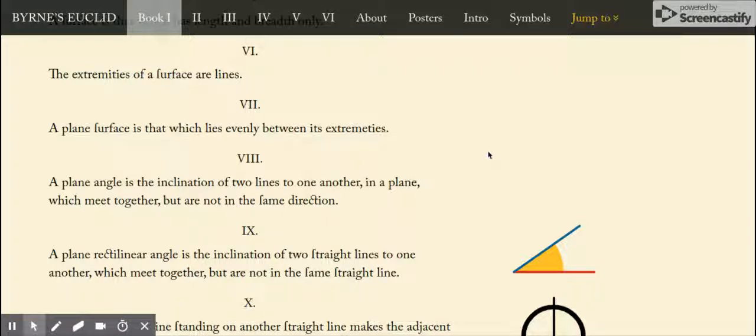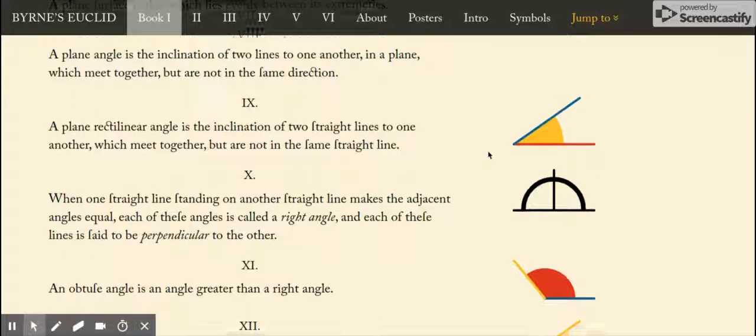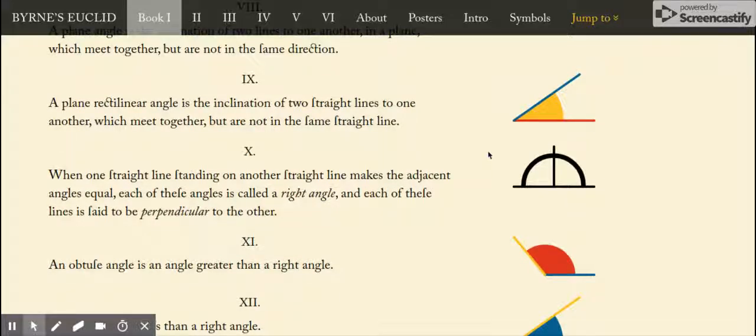A plane angle is the inclination of two lines to one another in a plane which meet together, but are not in the same direction. A plane rectilinear angle is the inclination of two straight lines to one another which meet together, but are not in the same straight line.